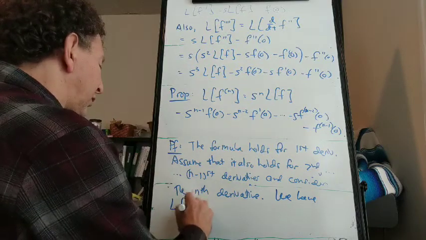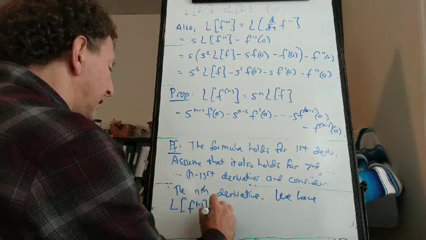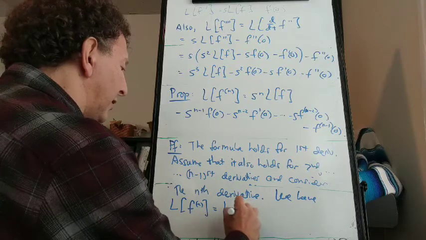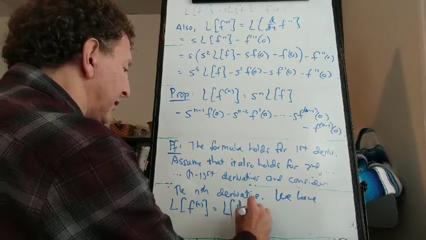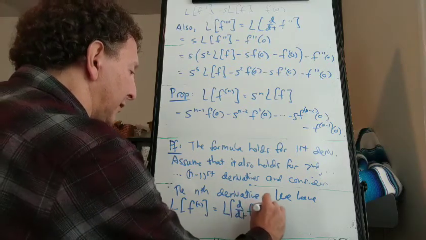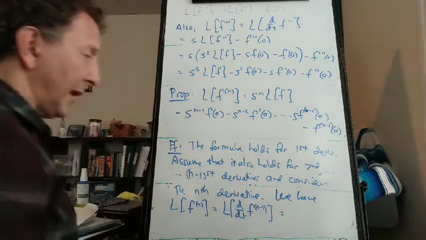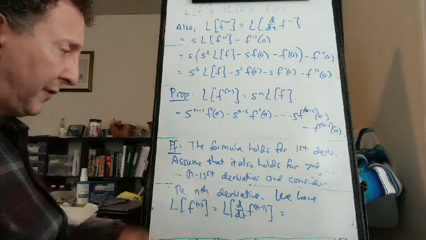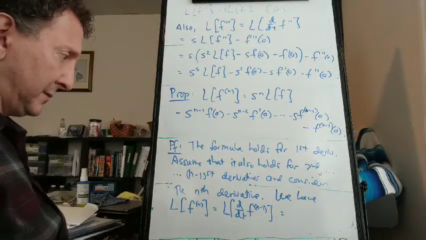So the Laplace transform of the nth derivative equals the Laplace transform of, well, the nth derivative is just the derivative of the n minus first derivative. And we're assuming that the formula holds for the n minus first derivative.